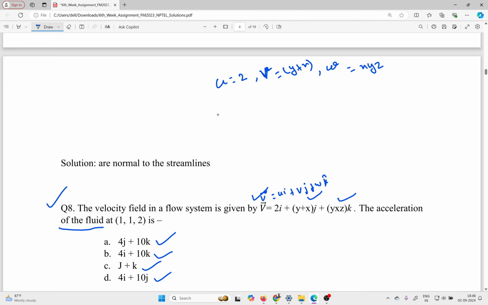So ax, ay and az. Here you need to calculate acceleration, ax i plus ay j plus az k. You need to calculate these three things.